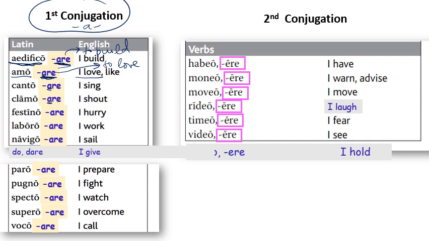Similarly, the second conjugation verbs have the magic letter E before the RE ending of the infinitive. So moneo means I warn, and monere means to warn. Okay, so remember, A before RE for first conjugation verbs, and E before the RE for the second conjugation verbs.